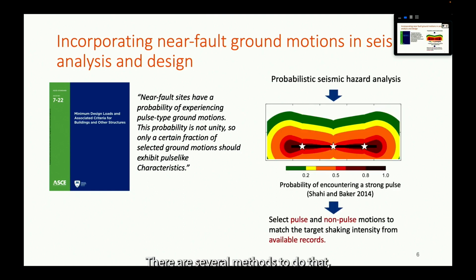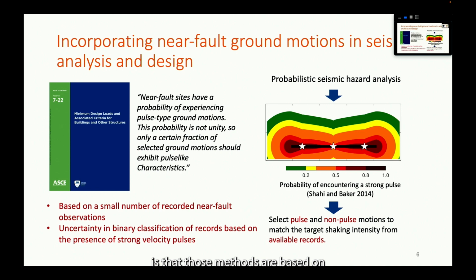There are several methods to do that. I'm not going to talk about them today, but the main takeaway is that those methods are based on a small number of recordings, so they have their own uncertainties.